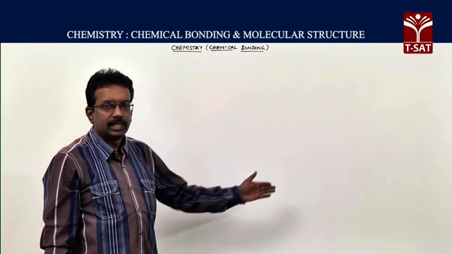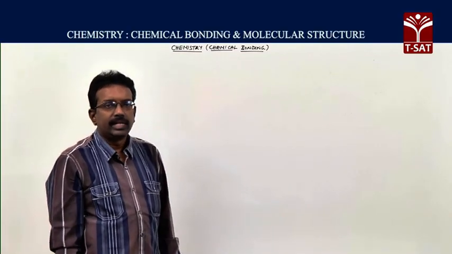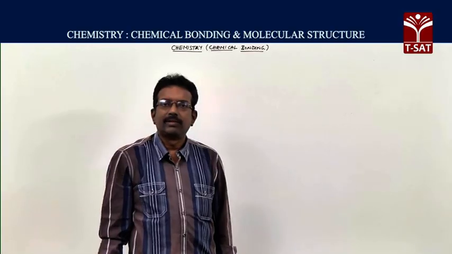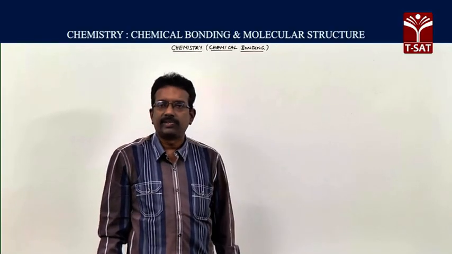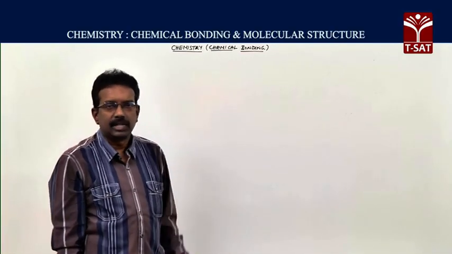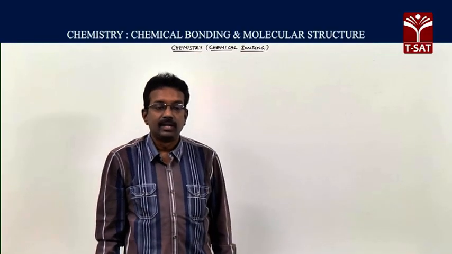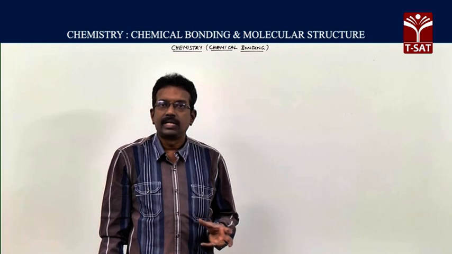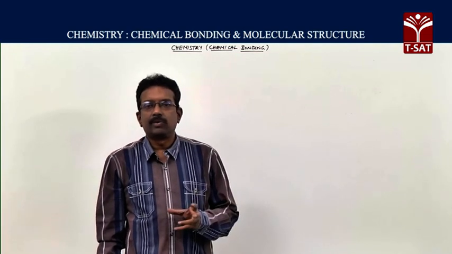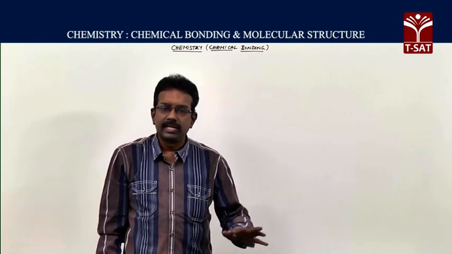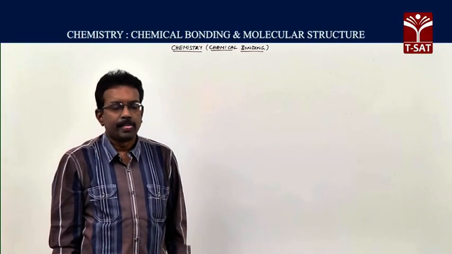Just now in the previous example we observed that Li2 plus and Li2 minus ions have same bond order 0.5, but these two are not isoelectronic. So, this is a very important statement: isoelectronic species have same bond order. If two species have same bond order, then those two species need not be isoelectronic.